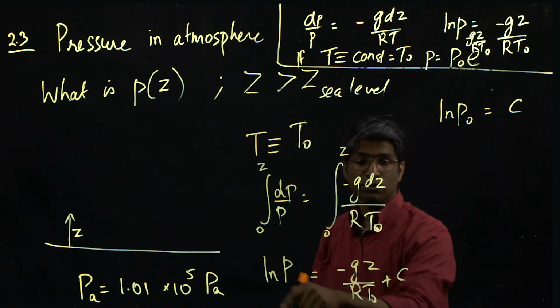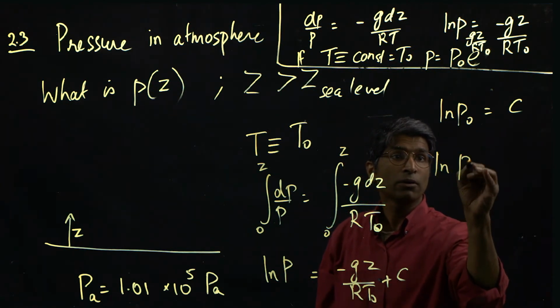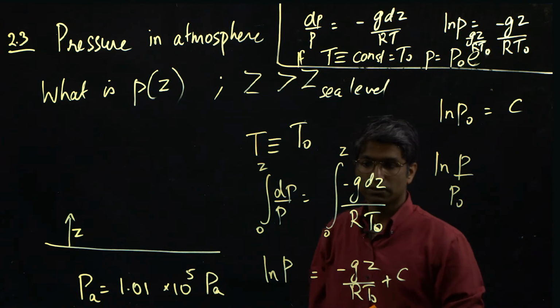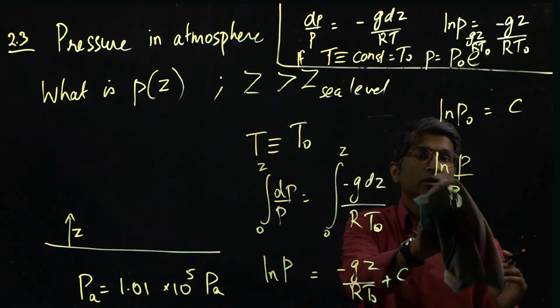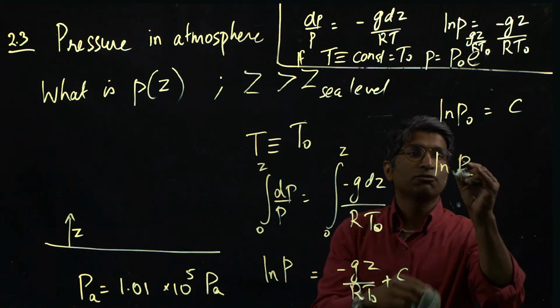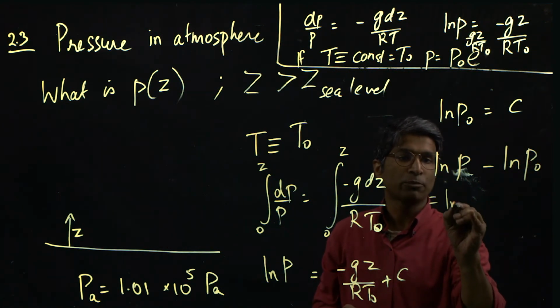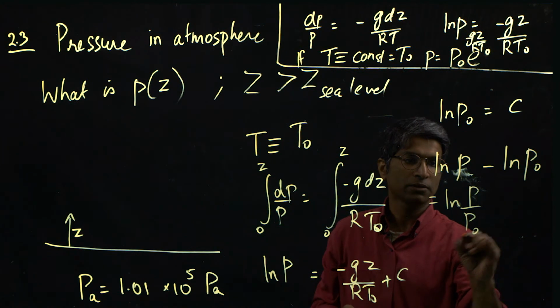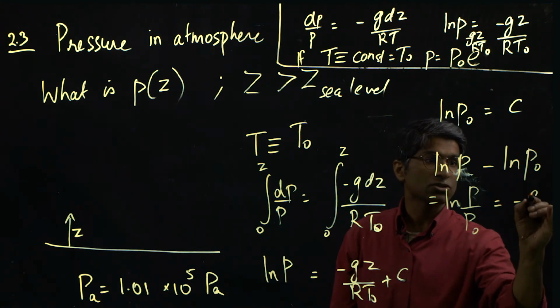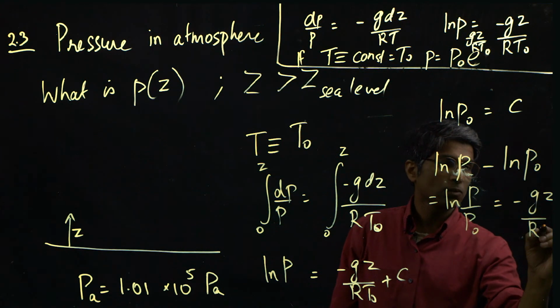I stick that back in here, I get log P over P naught. Let me further simplify that. It's actually log P minus log P naught, which we know happens to be log P over P naught, and that is minus gz over R T naught.